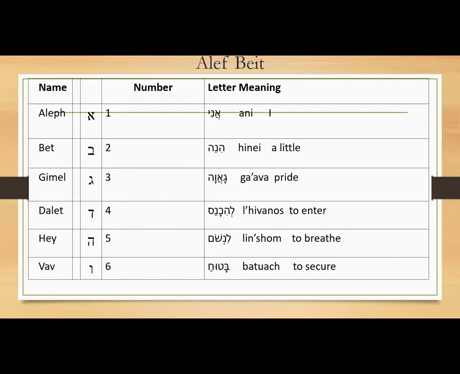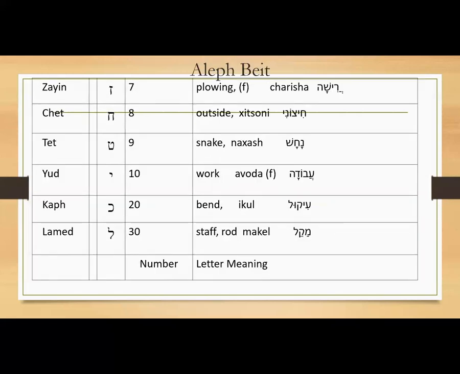Okay, let's take an example. Here is Aleph, which is Ani, which is I. Okay, so let's look for something that I can do. I outside. Remember, there is no present tense definitive.